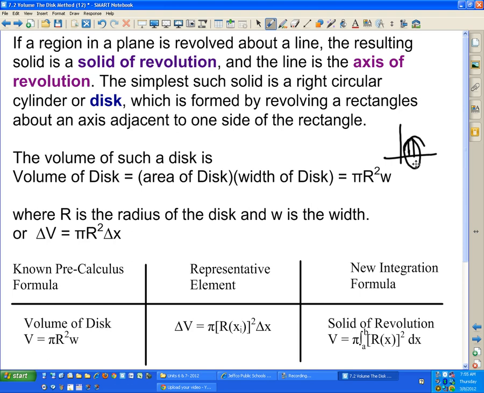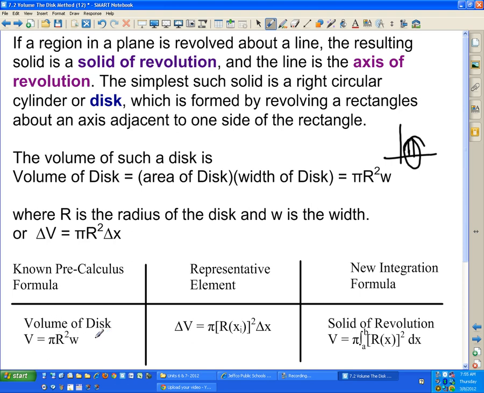So we end up with the area of the disk times the width of the disk, which is basically pi r squared times w. The width is how far along the x-axis we are moving. So the formula we knew before to find volume was basically pi r squared times w.